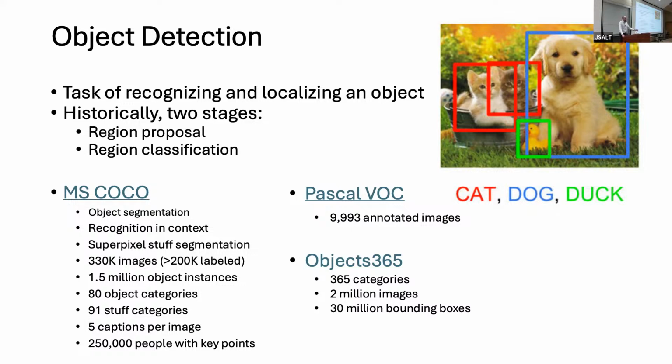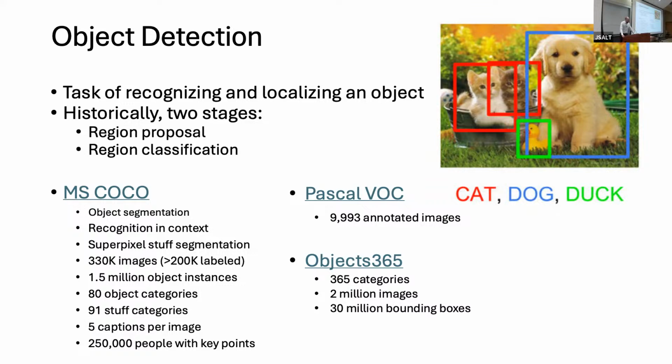Stuff is like sky or sea or a desert, or even pavement, a road, something that does not have an instance. So the terminology needs to be there, right? Things and stuff. This is used for panoptic segmentation, and I will show you a little about it on the next slides.